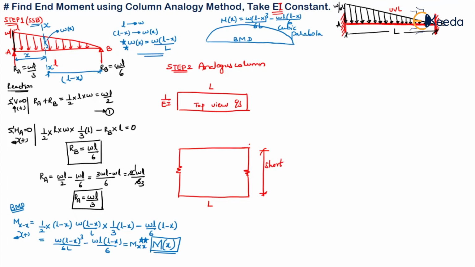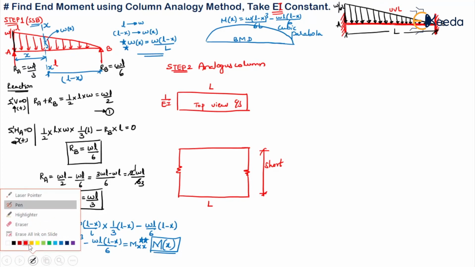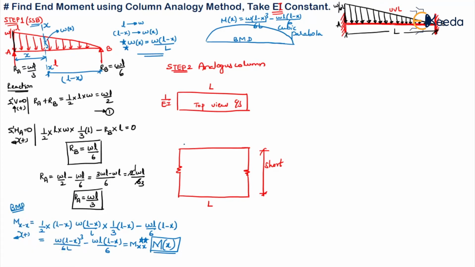Now on this we have to do M by EI diagram imposition. So how will it look? This is a cubic parabola. So this is nothing but your Mx by EI. You already have Mx value here, you don't have to write again and again.